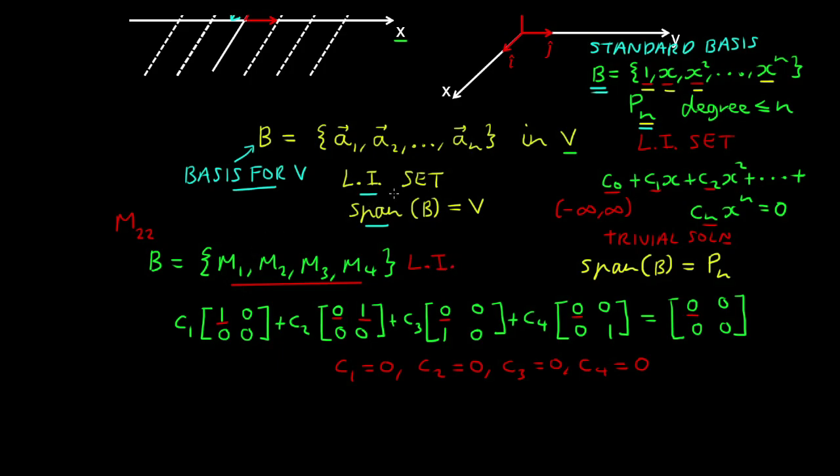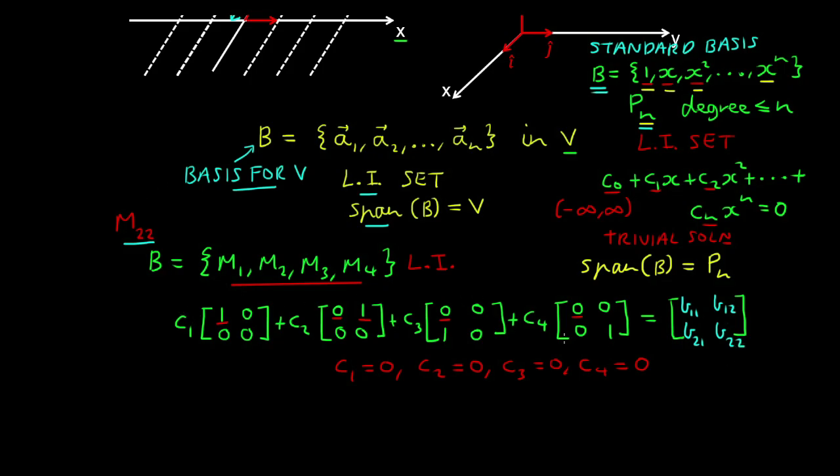And now we want to verify if B spans its vector space. So therefore we set this equation equal to some arbitrary matrix, so that has arbitrary values of b11, b12, b21 and b22.